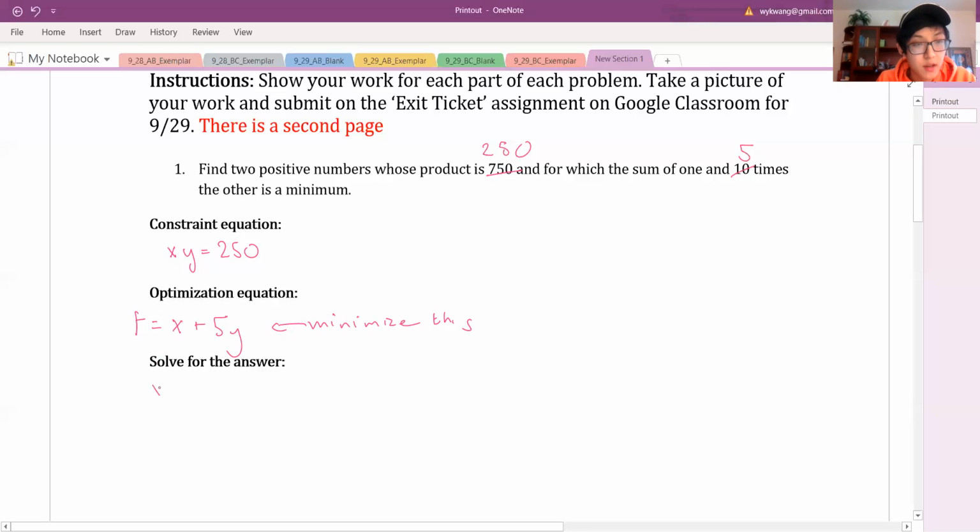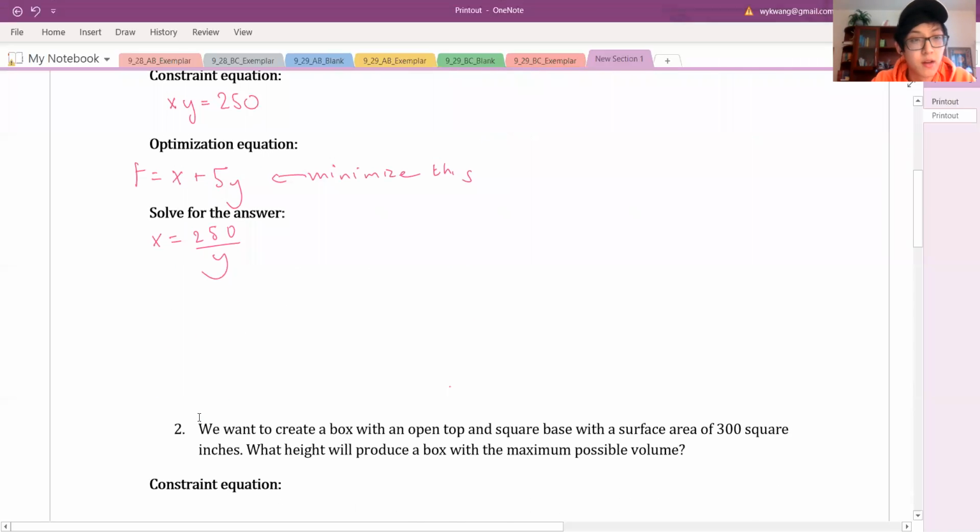So from the first equation, the constraint equation, we get x is equal to 250 over y, right? We just divide both sides by y and we get x is equal to 250 over y. Then we're going to get f is equal to 250 over y plus 5y, right?